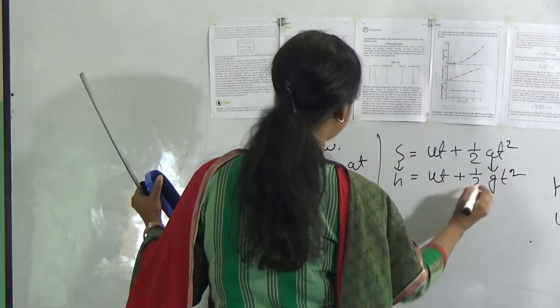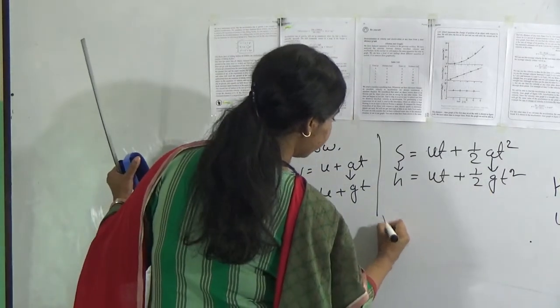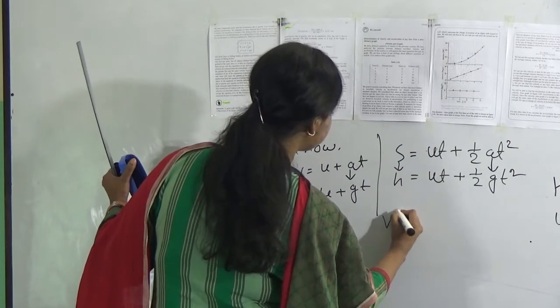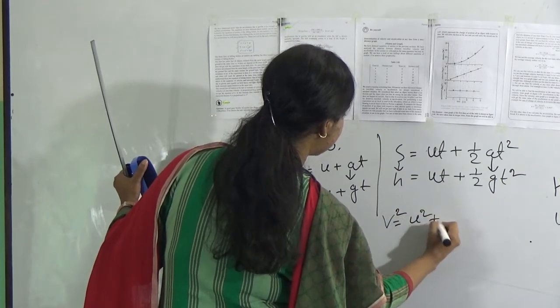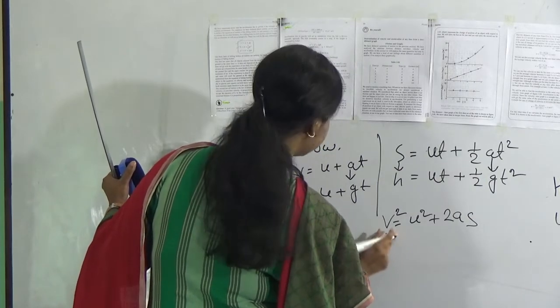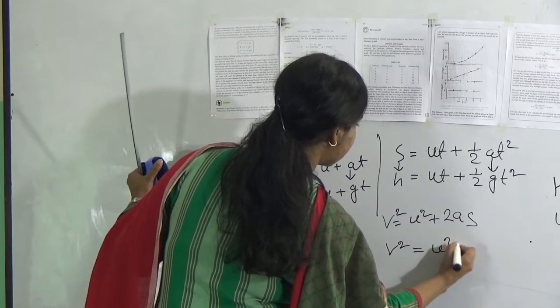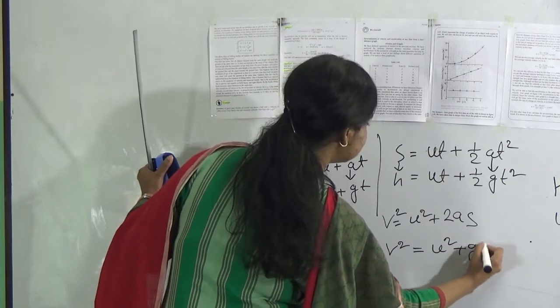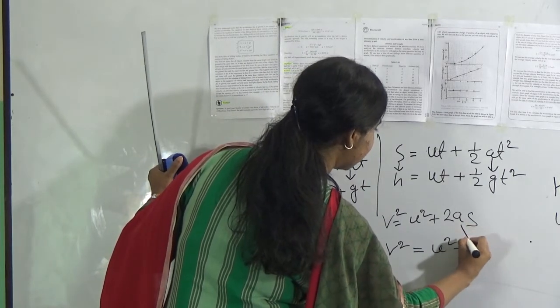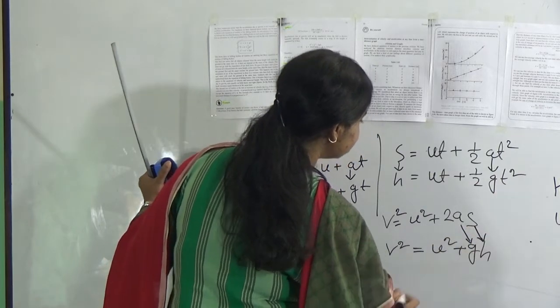This is another one. And the third one, we know v square equal to u square plus 2as, but here we use v square equal to u square plus 2gh. Instead of a we use g, and instead of s we use h.